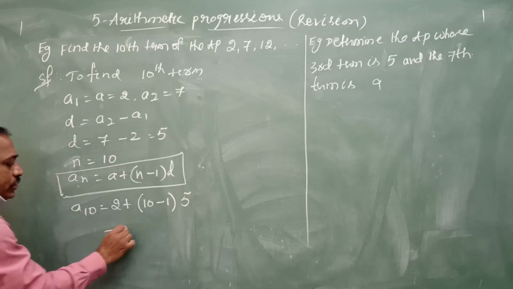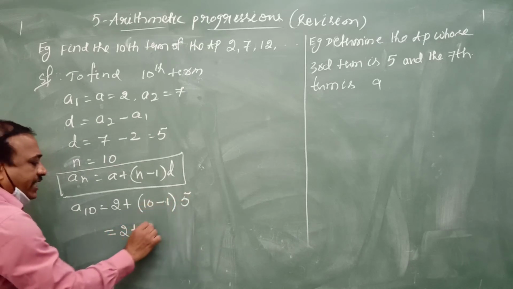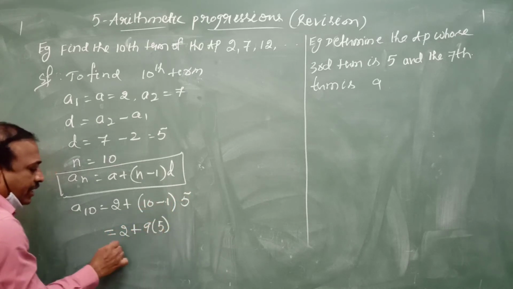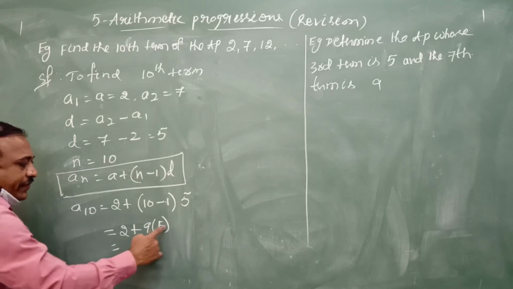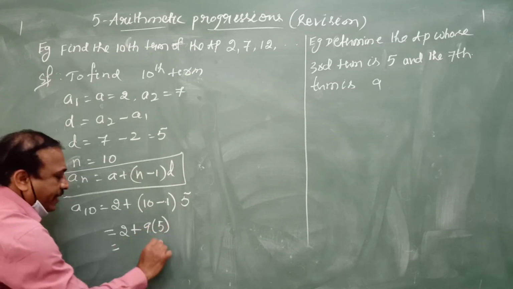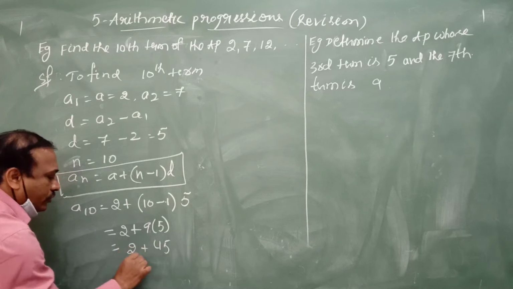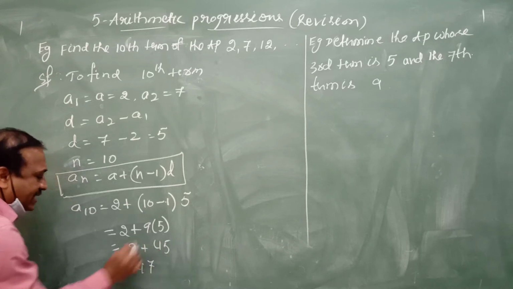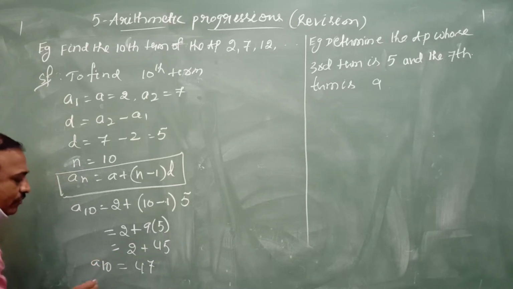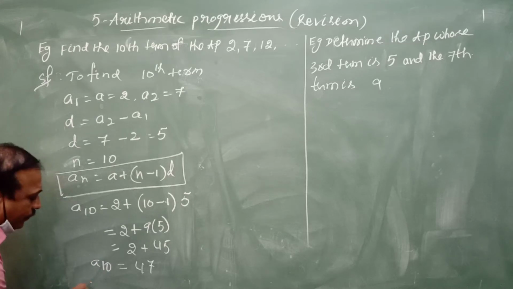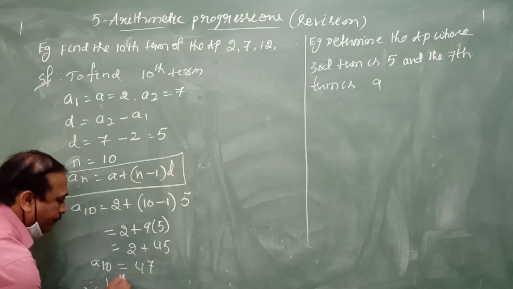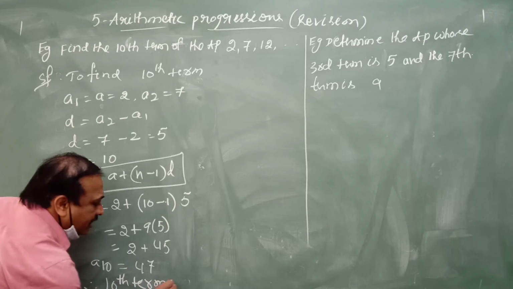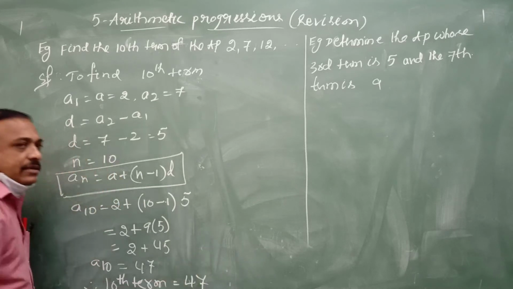So that is 2 plus 10 minus 1 is 9 into 5. First you simplify this: 9 fives are 45, plus 2 is equals to 47. So A10 is equals to 47. Therefore the 10th term is equals to 47.